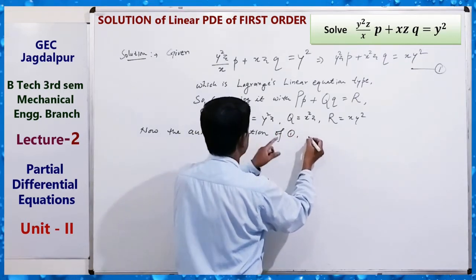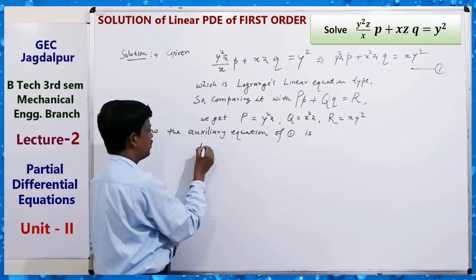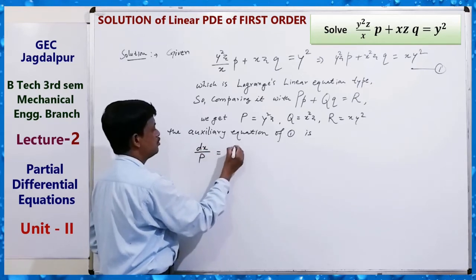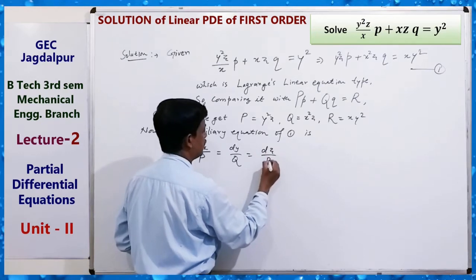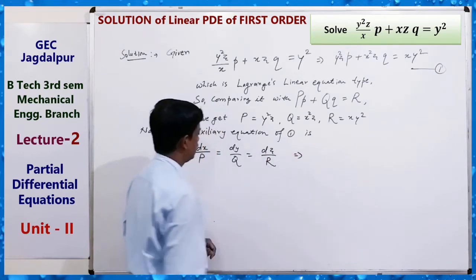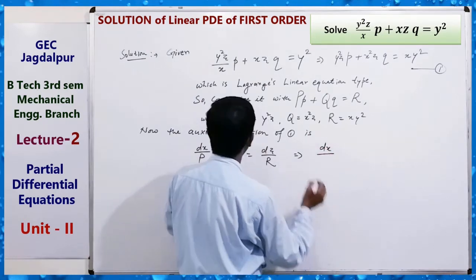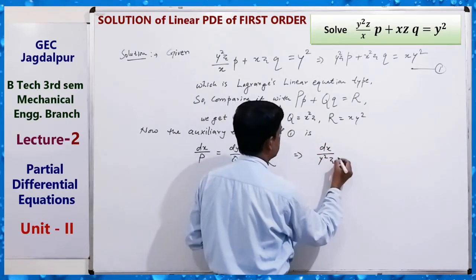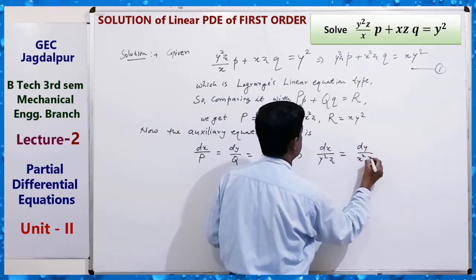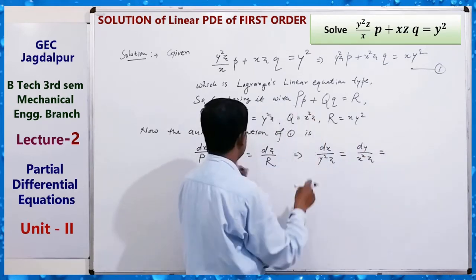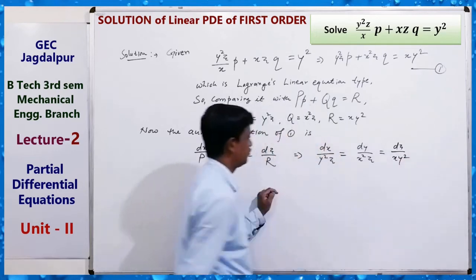The auxiliary equation of 1 is dx by P equals dy by Q equals dz by R. That is, dx by y square z equals dy upon x square z equals dz by x y square.